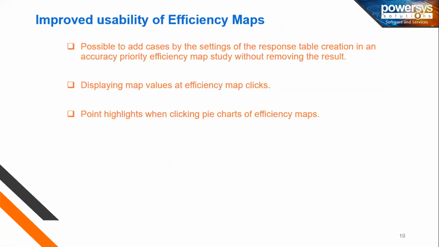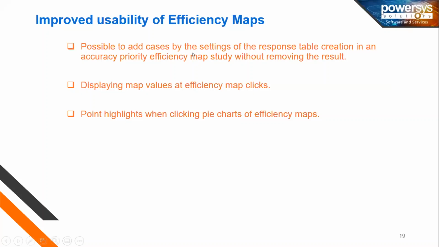And these are the short conclusions of the efficiency map with version 21. We are able to display map values at efficiency map clicks, and it is possible to add cases by settings of the response table creation in an accuracy priority efficiency map study without removing the results that we have seen earlier.